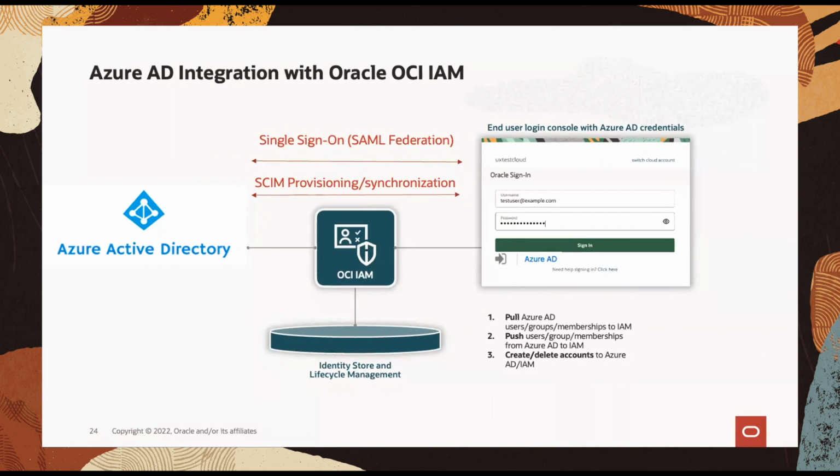So the IAM REST API complies with the SCIM standard, which is an open API standard for managing identities across vendors. The Azure AD SCIM client can be configured to use the API to create, update or delete the users and groups in the IAM. With the help of this, you can do provisioning as well as synchronization between the two systems.